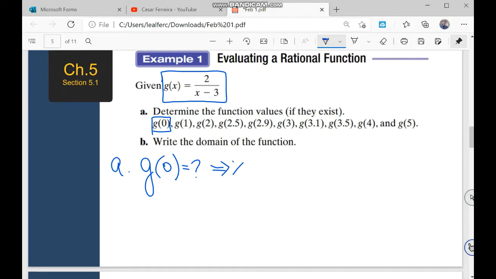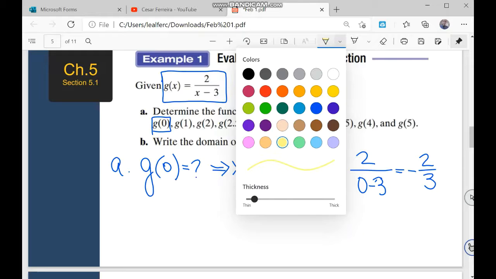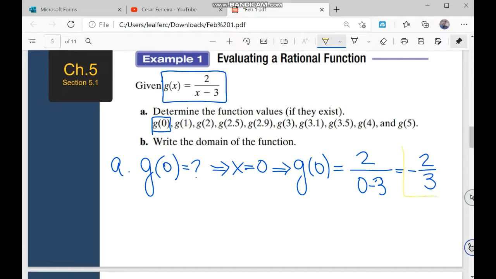The first step is to make x equals 0, plugging x equals 0 into the function. So g of 0 equals 2 over 0 minus 3, which is negative 2 over 3. This is the answer. So g of 0 equals negative 2 over 3. This is how you evaluate a rational function.